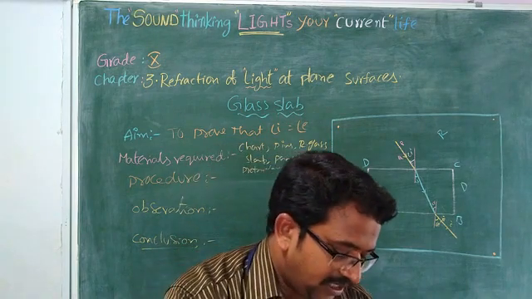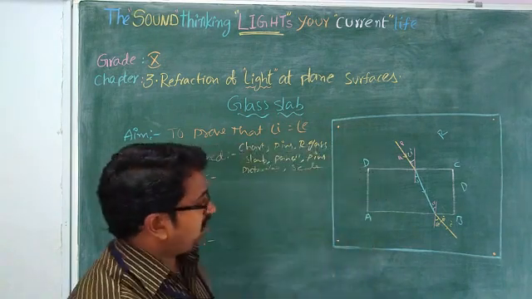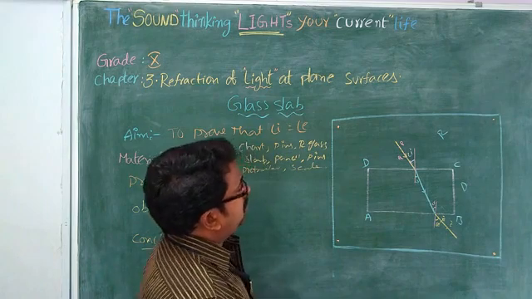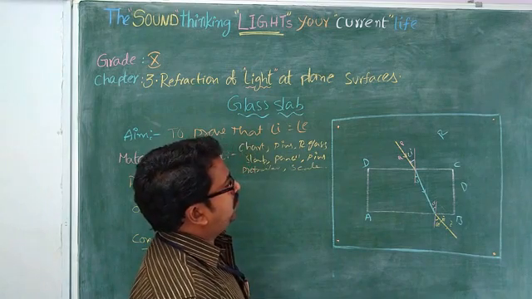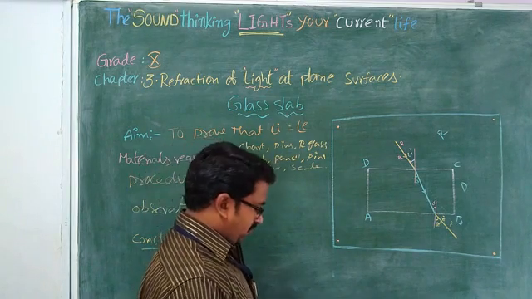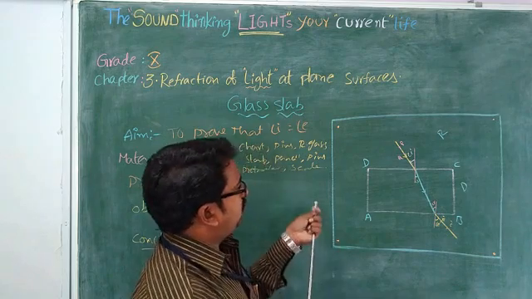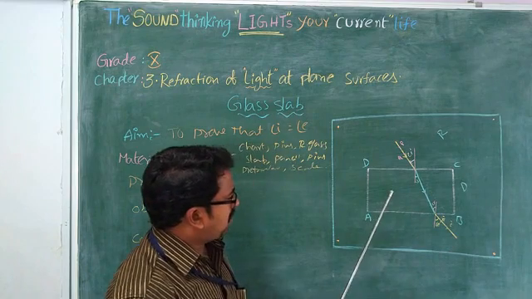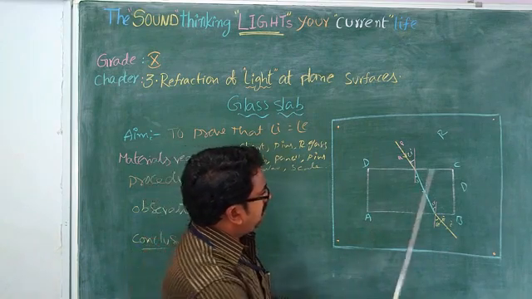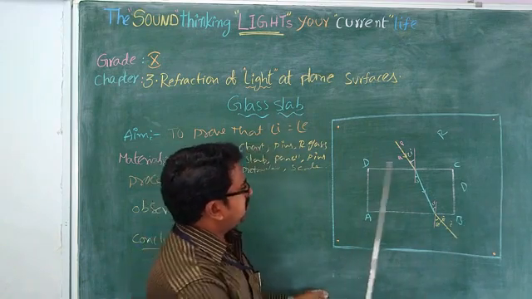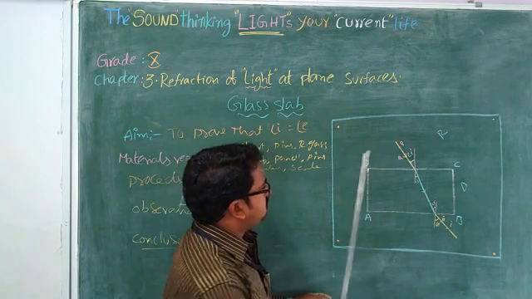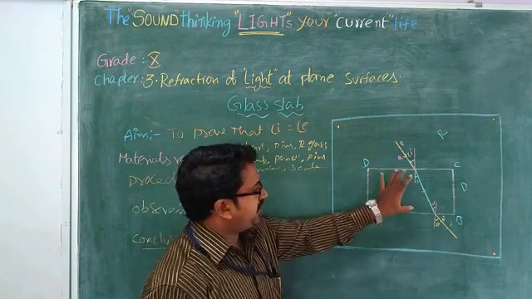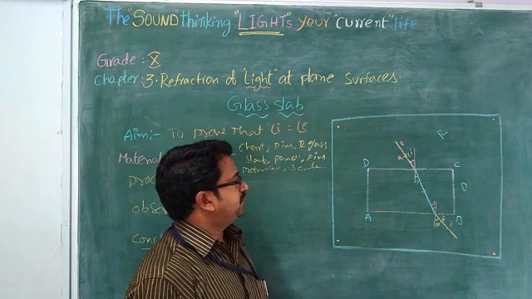See once again what we did here. First, take a white chart on the surface of a cardboard, and with the help of pressing pins, fix it. In the middle, arrange the glass slab and trace it with a pencil, and label it A, B, C, D. After tracing, remove the glass slab.